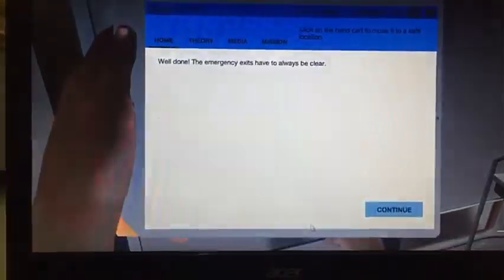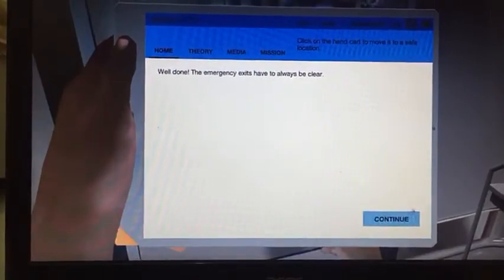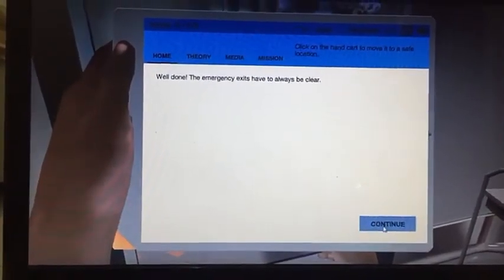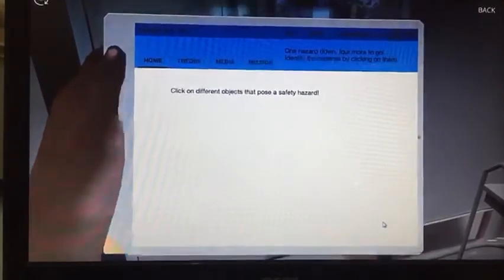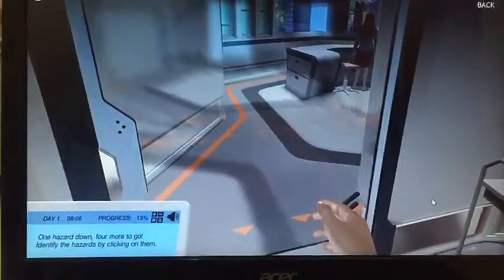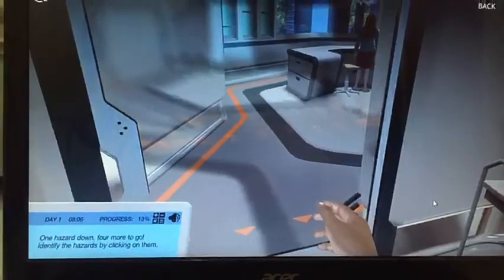Well done. The emergency exits have to always be clear. One hazard down. 4 more to go. Identify the hazards by clicking on them.